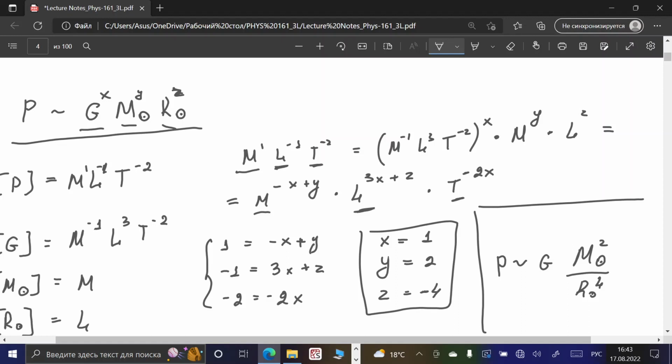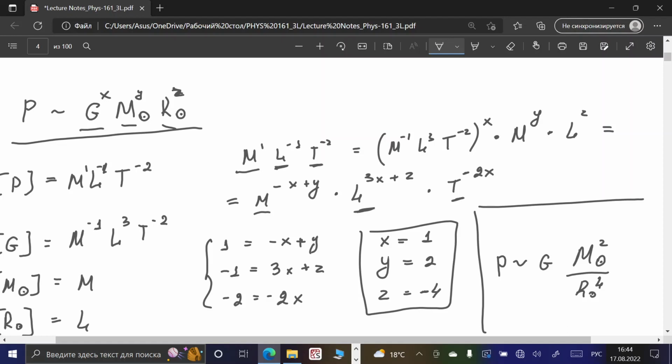So now we can look at it and say, okay, our initial suggestion that pressure will be proportional to radius is not correct. So this dimensional analysis actually also takes this into account. It's inversely proportional because radius stays in the denominator of this equation.